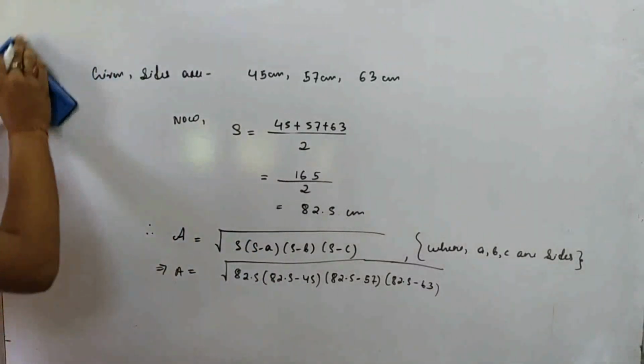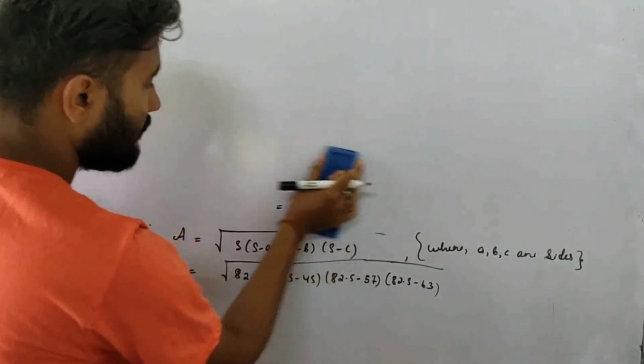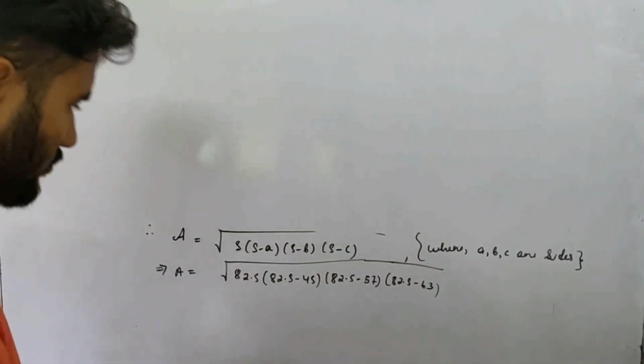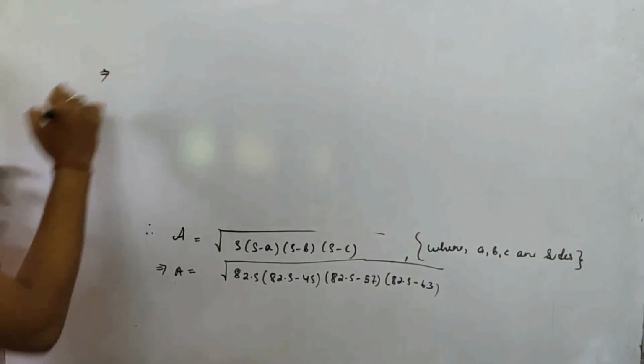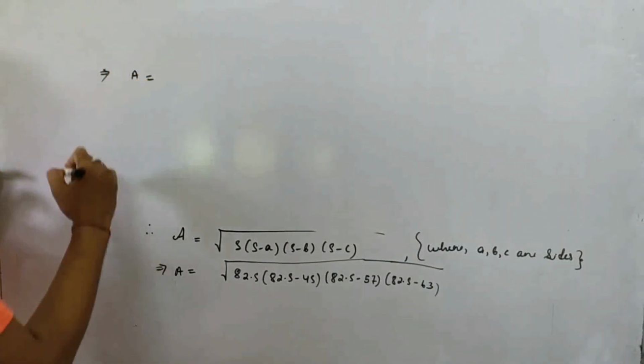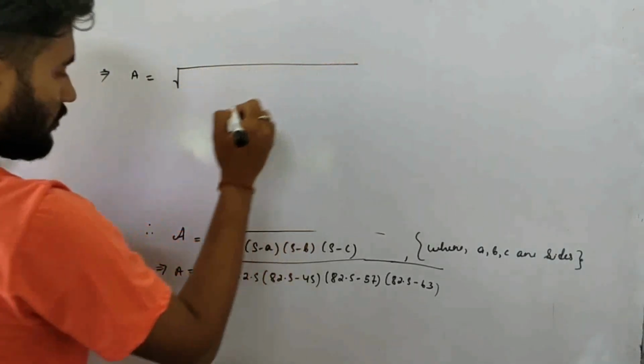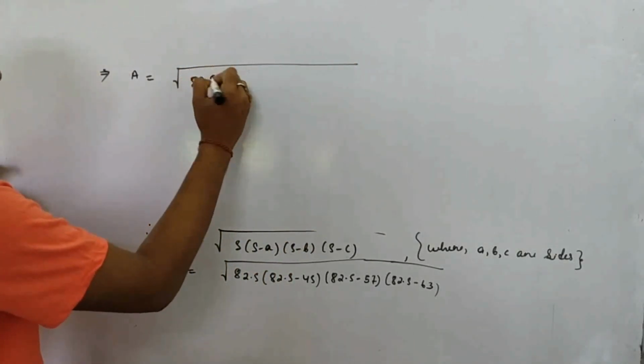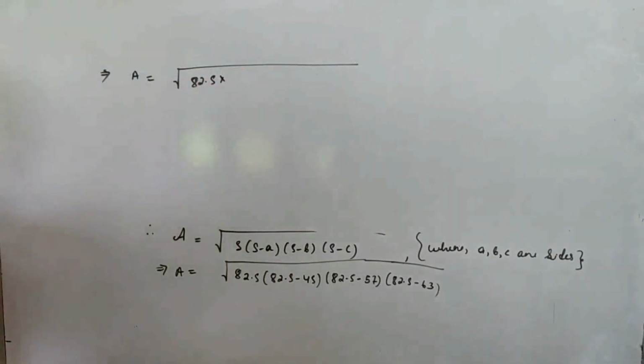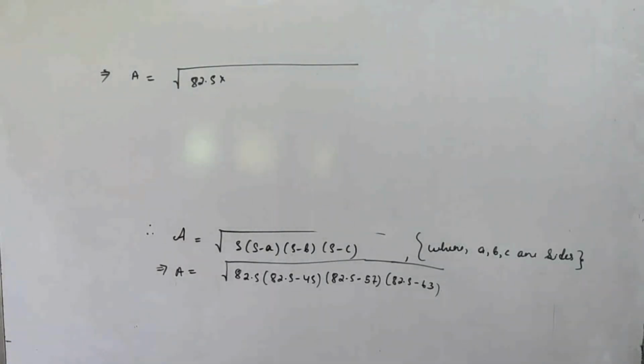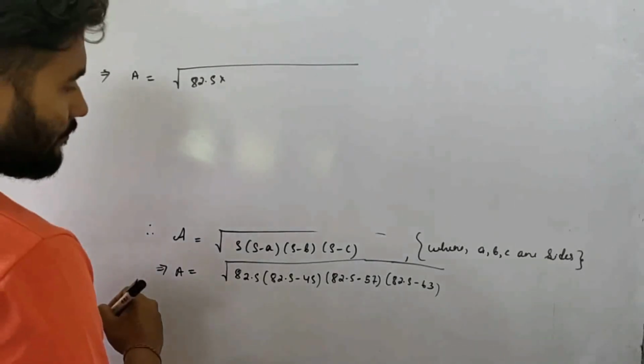Keep on solving this one. After that, to find A, obviously you will require what? Log. Bring log on both sides, and then to find the value of A, you will require anti-log. So 82.5 into 82.5 minus 45, this will be 37.5, isn't it?